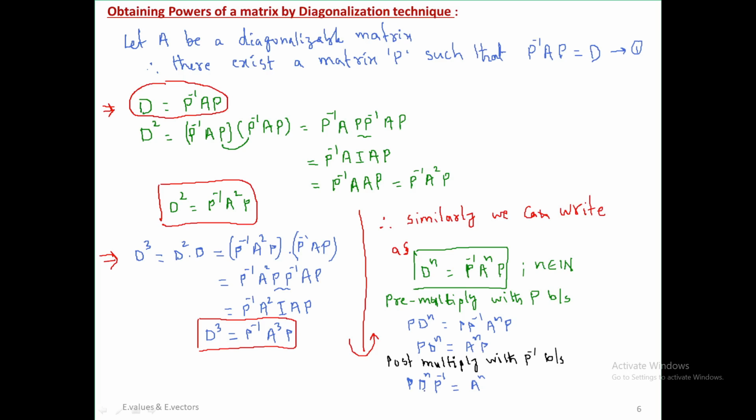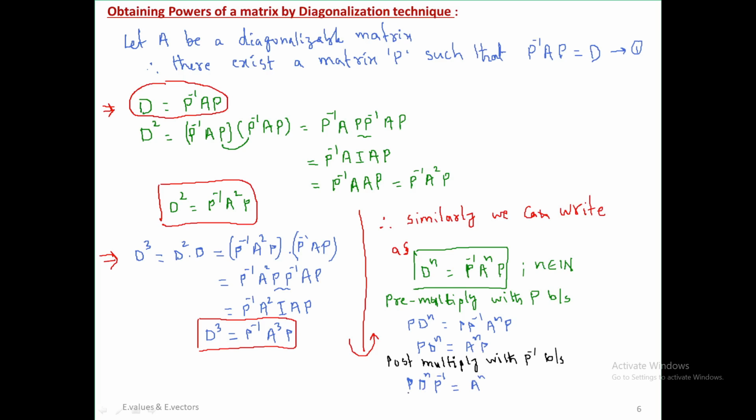Now you have all the eigenvalues. For example, matrix A is given to us. Then we need to compute eigenvalues, right? Those eigenvalues are nothing but the diagonal entries of D. Then D power n I can calculate easily. Simply, if I square A, here D also gets squared. D square is nothing but the square of each and every eigenvalue.